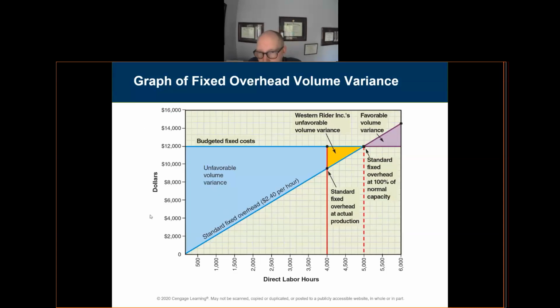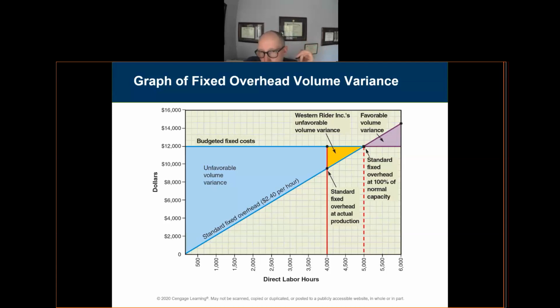Here's a nice graph that represents this concept. We can see it's unfavorable on the left side of the graph, when our labor hours and our cost based off of the budget is over, right?